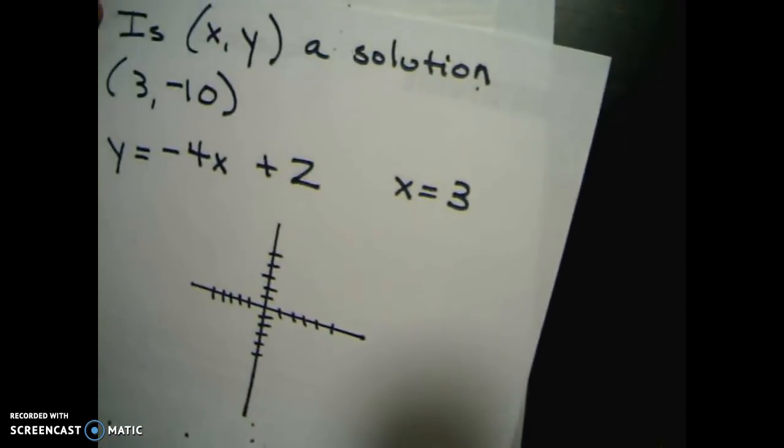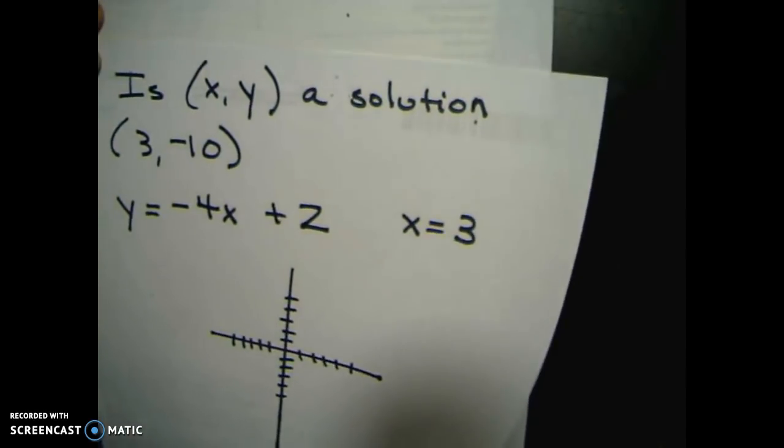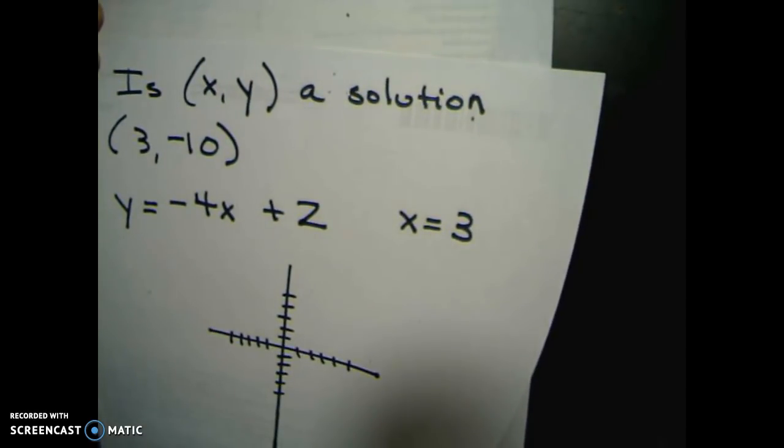Okay, I will give you a hint on that first one, how you do is x, y a solution. So they give me, is x, y a solution, and 3, negative 10.